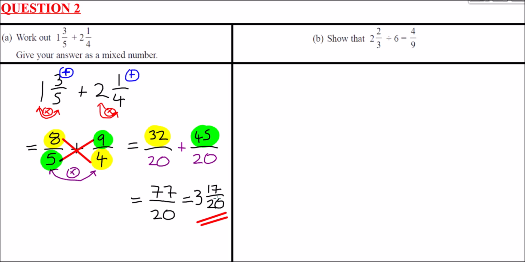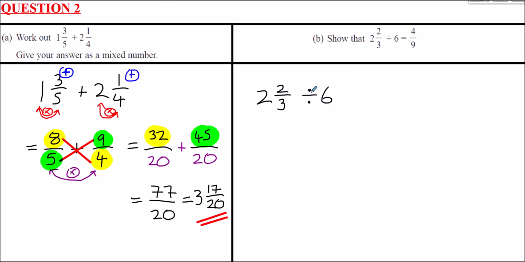Part B, we have to show that 2 and 2/3 divided by 6 equals 4/9. Now actually we can do this one in 2 different steps, but I'm going to just suggest one step here. So let's just take this as it is and rewrite it out. So 2 and 2/3 divided by 6.